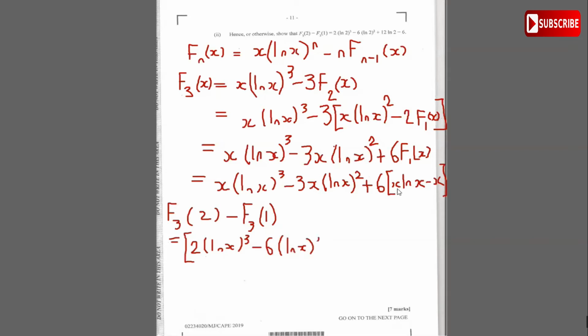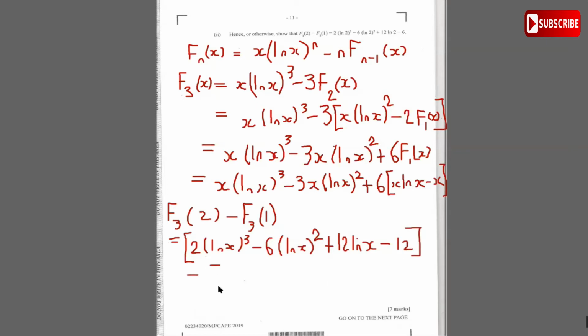Then you put x as 2 again, you get plus 6 times 2 is 12, so this is really plus 12 ln x. Then you put x as 2 here, you get 6 times 2, that's minus 12. You close up that bracket and then you subtract.